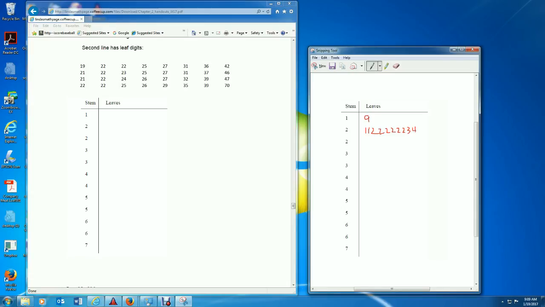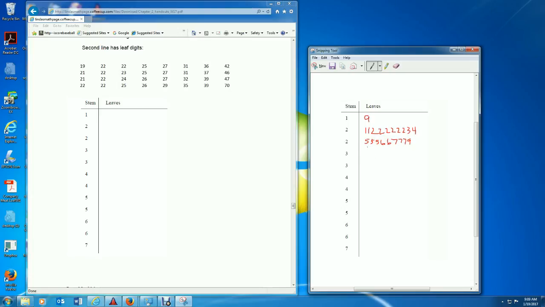But this time the leaves 1 through 4 are going to go on the first line. Leaves 5 through 9 are going to go on the second line. So starting with 25, I'm going to come down here, and I've got 25, 25, 25, 26, 26, 27, 27, 27, 29.